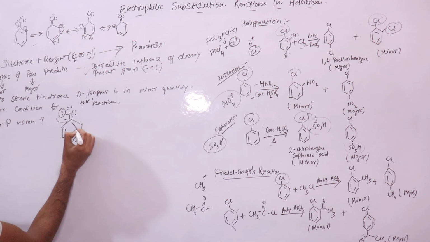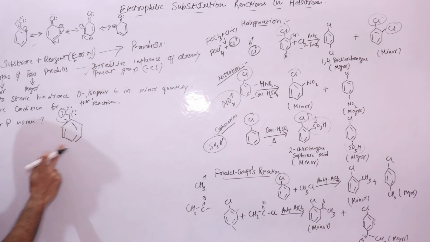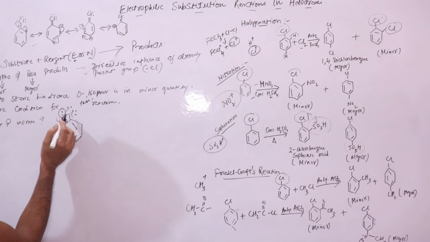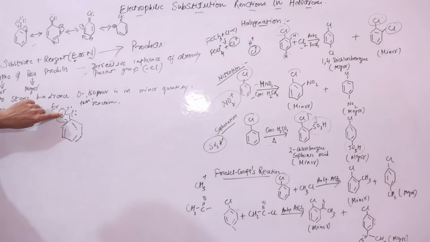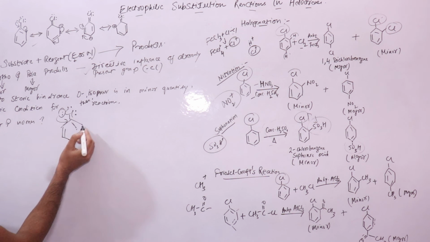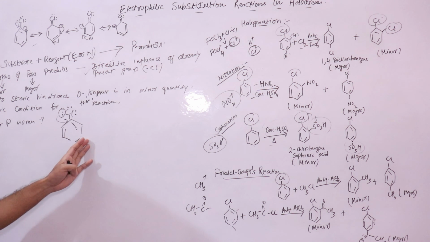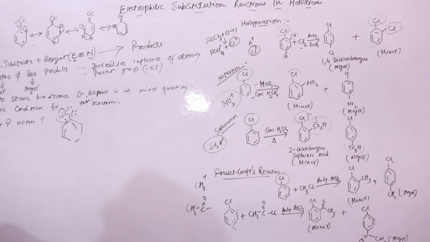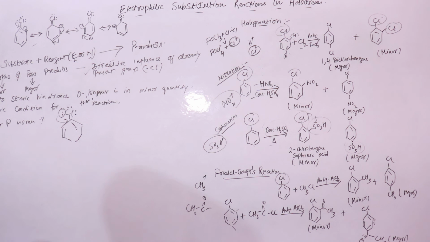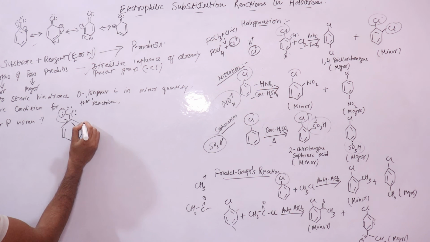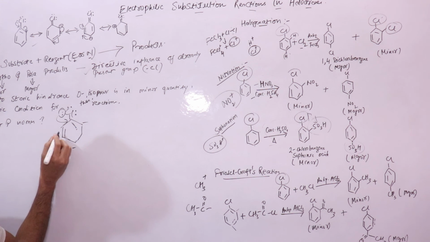We know this pi electron system of the benzene ring is a conjugated system, so it moves along with the delocalized pi electrons, thereby producing high electron density sites at ortho and para sites.